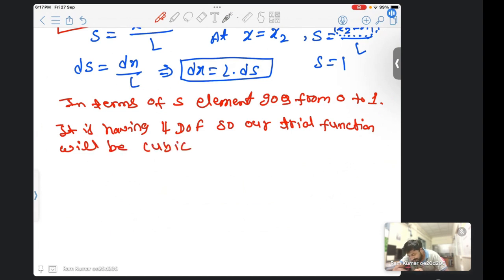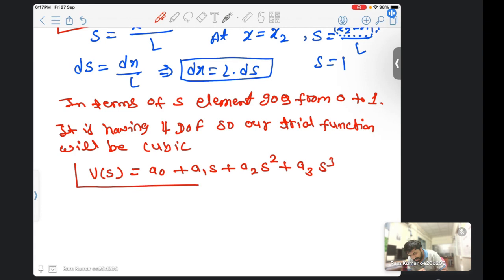Here v means the displacement in the vertical direction. v in terms of s equals a0 plus a1 s plus a2 s square plus a3 s cube. So this is in terms of s.